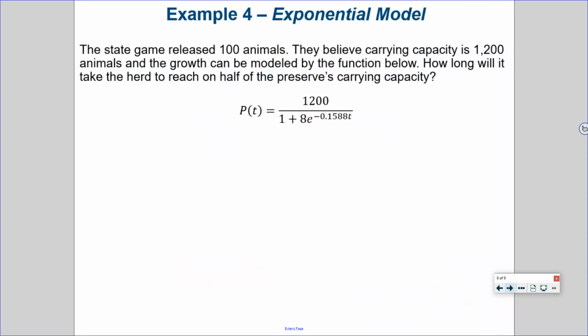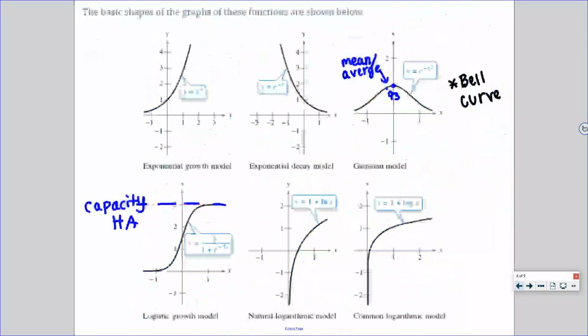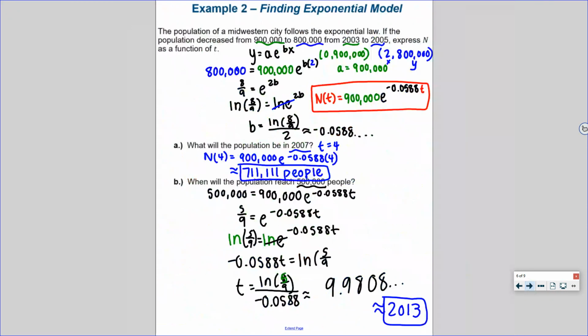But yeah, there's ways to model pretty much any kind of data you want. I've never algebraically had to come up with something like that. I'm guessing that's probably something more you'd have to use a computer for. So yeah, but it's cool because no real life data is perfect, but there's a lot of different types of functions that can be used to model real life data.